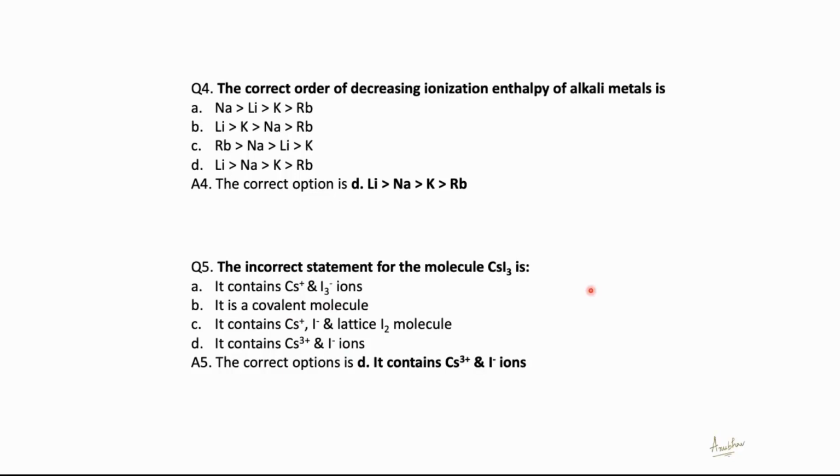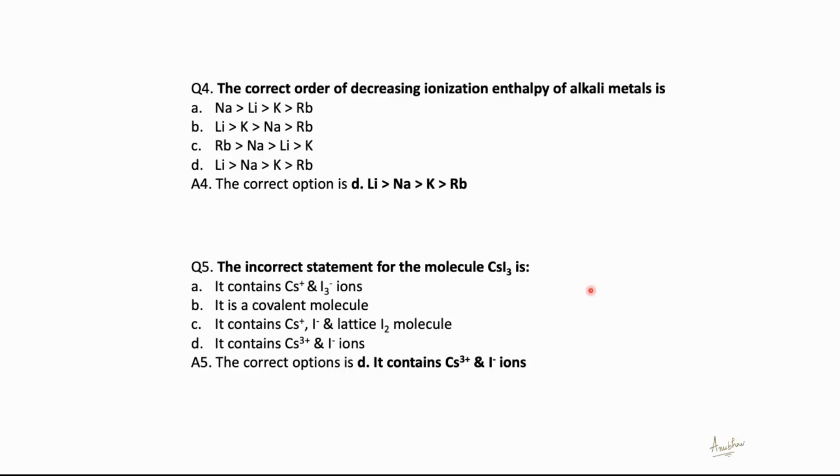Lithium is the smallest one: lithium less than sodium, less than potassium, less than rubidium, less than cesium. The smaller the size, the more energy is required to pull out the valence electron, so the more the ionization enthalpy. So lithium, having the smallest size, has the highest ionization enthalpy. So the order will be lithium greater than sodium, greater than potassium, greater than rubidium.